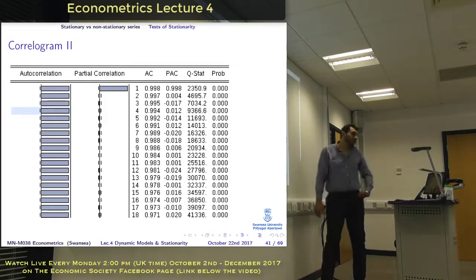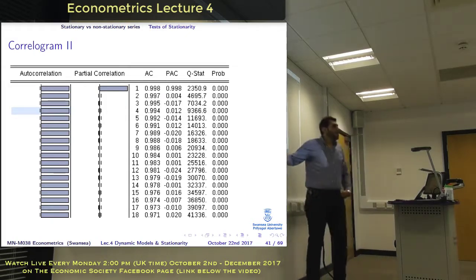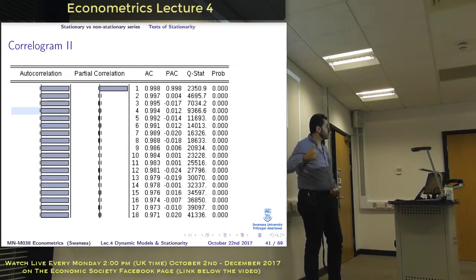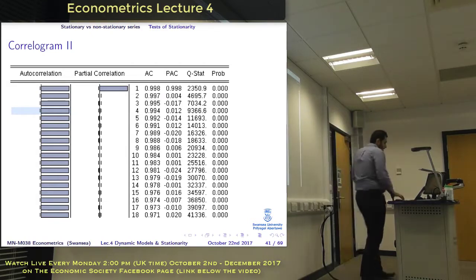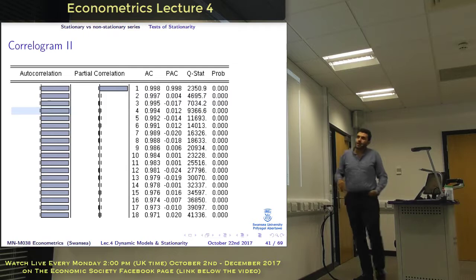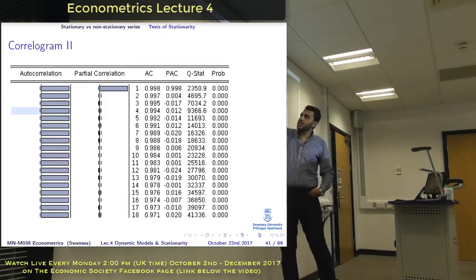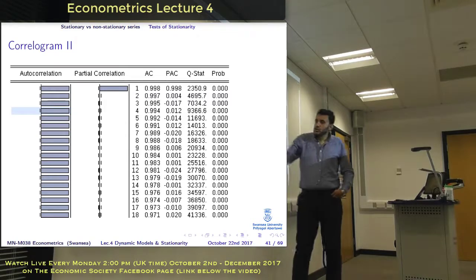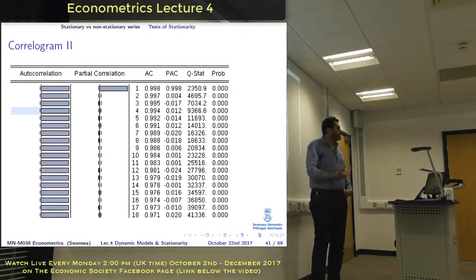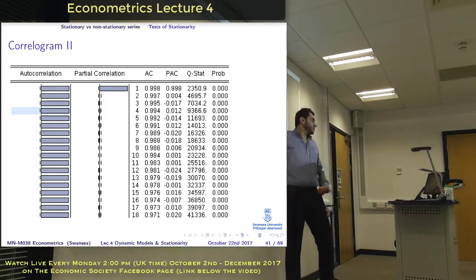If we look at the correlogram for the series that I just showed you, the exchange rate, and ignore the partial autocorrelation function for now, let's look at the autocorrelation function. The idea is how fast or slow it decays over time.